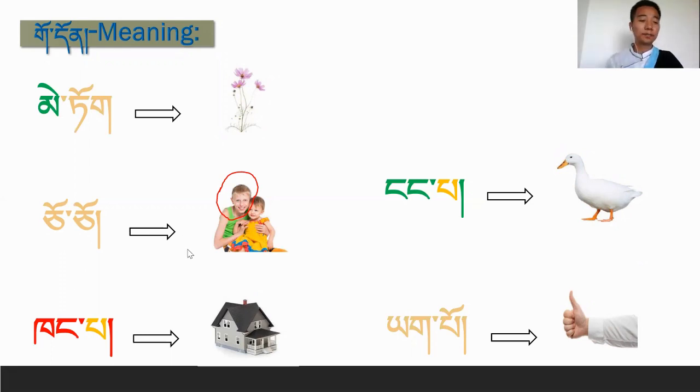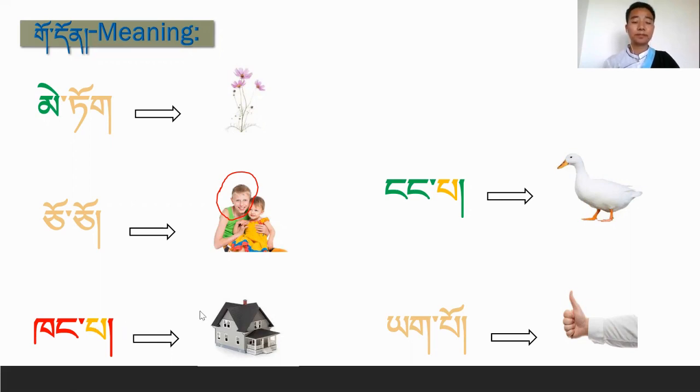Then the third one is Kang Pa, which means house.